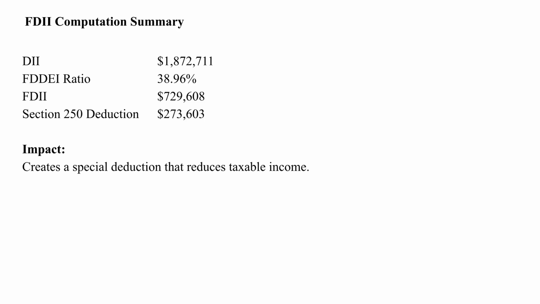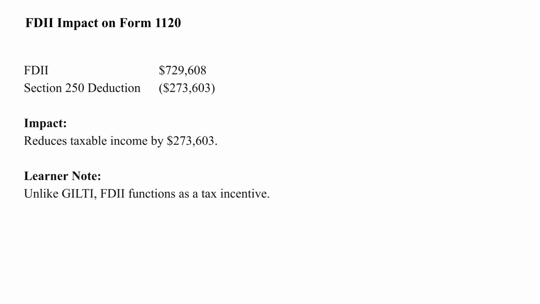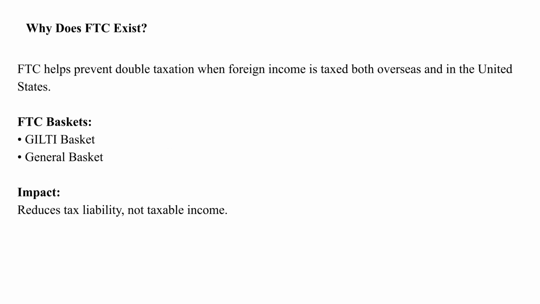Unlike GILTI, FDII creates a tax benefit and reduces taxable income. The FDII deduction flows from Form 8993 directly into Form 1120. In our case study, taxable income was reduced by $273,603.